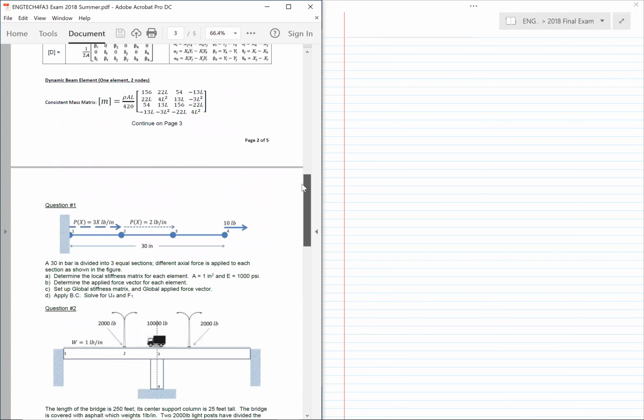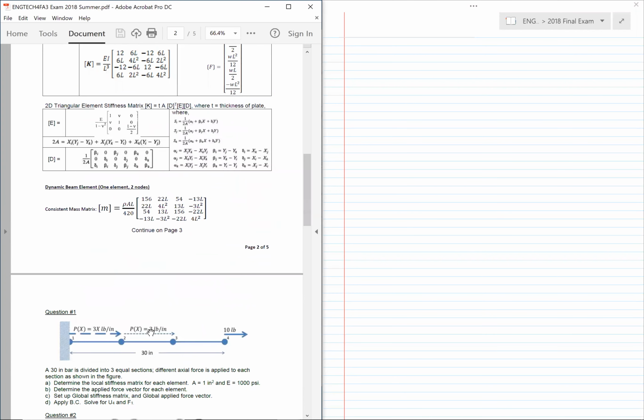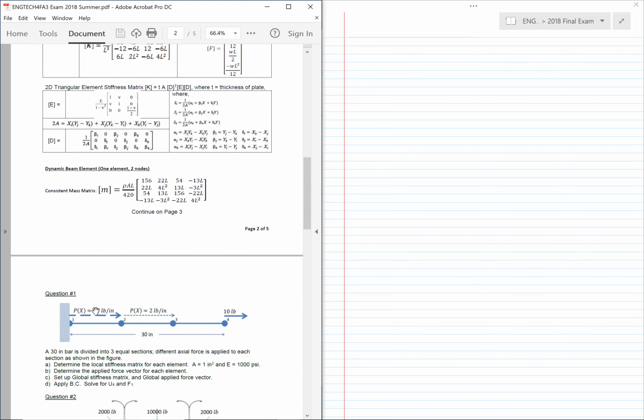Okay, let's begin with question one. Actually, question one is the same question that we have gone through in our midterm exam. Basically, when you have something like that, divide the whole problem into 3 portions: element 1, element 2, and element 3.